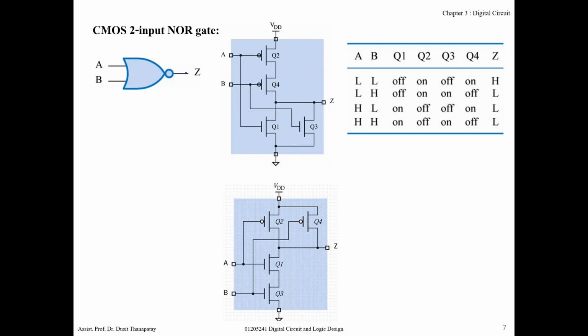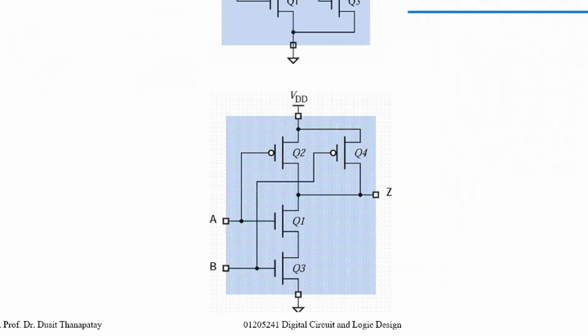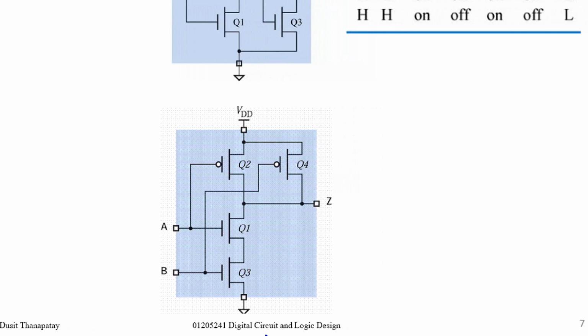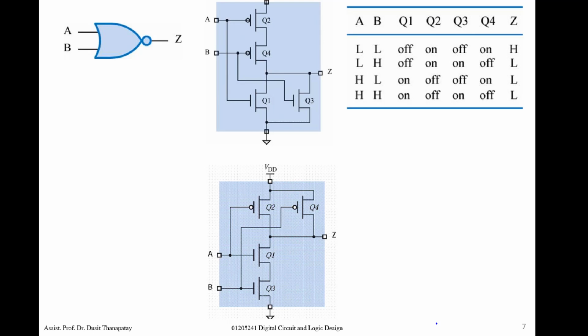For this circuit, let's analyze. Again, you can consider the number of input signals. There are 2 bits, so there are 4 possibilities: 0 0, 0 1, 1 0, and 1 1, right?